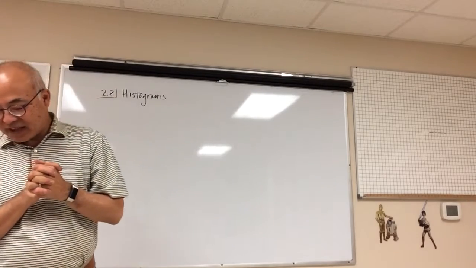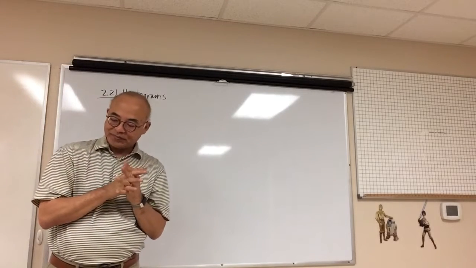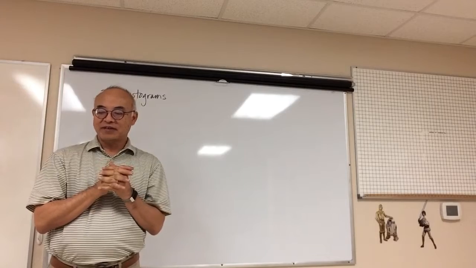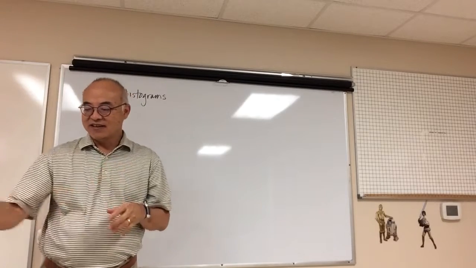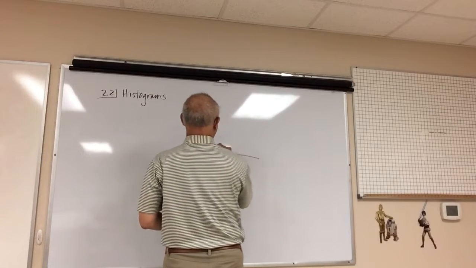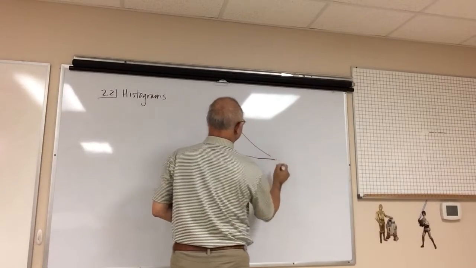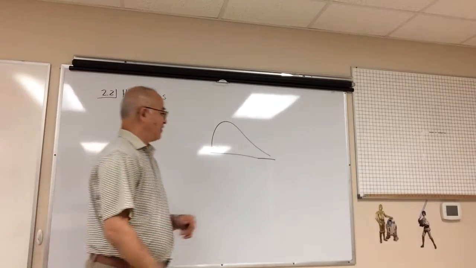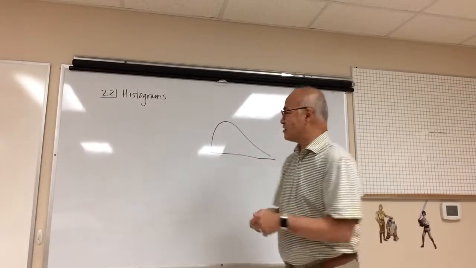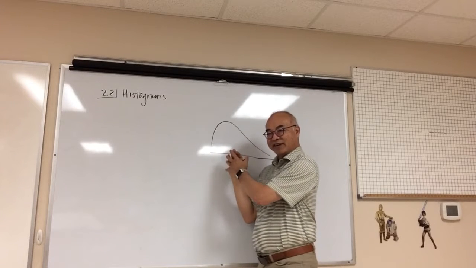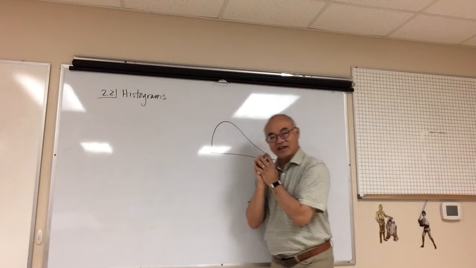Now C and D are skewed. Okay, look at C. C looks like this. And all the data is pretty much on the left-hand side. Most of the data is on the left-hand side.